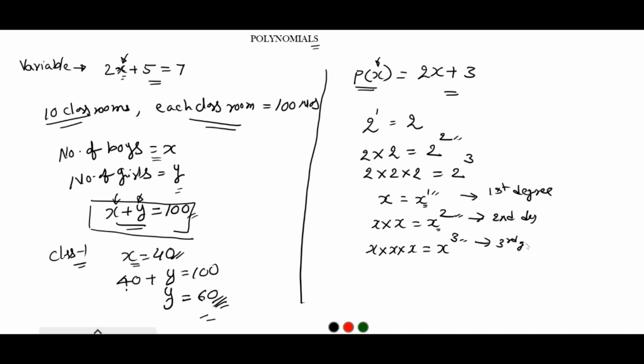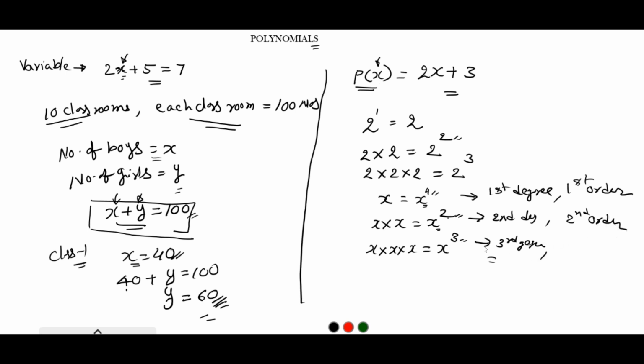Any polynomial equation whose maximum power is 1 we call a first degree polynomial equation, or first order. Similarly, if the power is 2, we call it a second degree or second order polynomial equation.